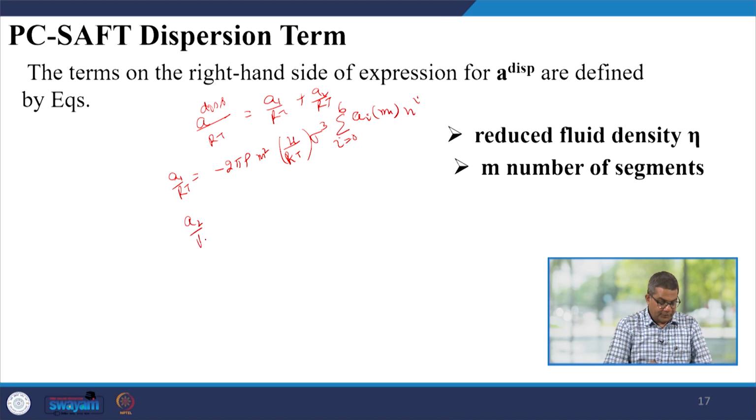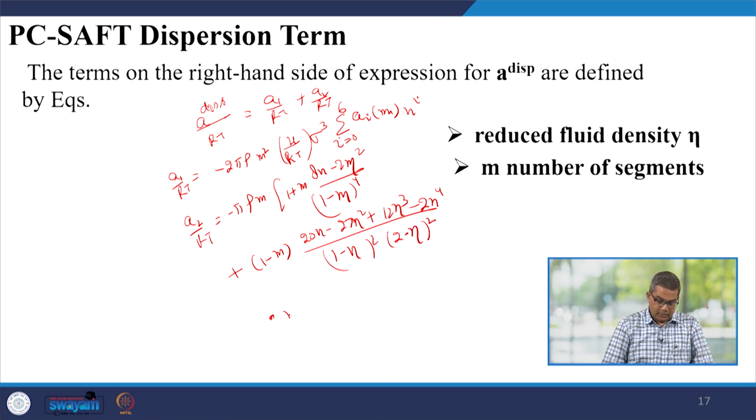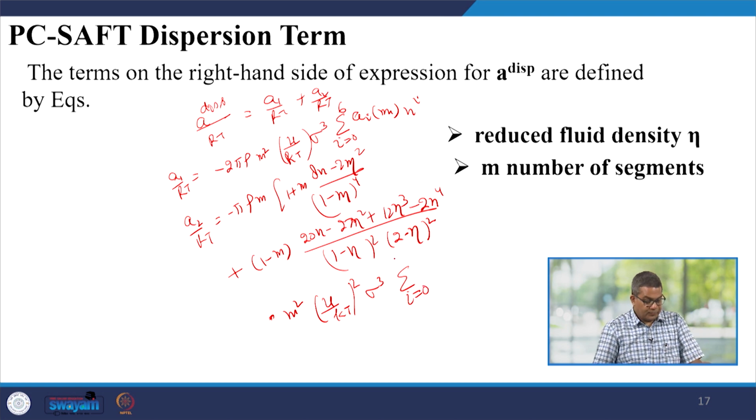Now A2 over RT is equal to minus pi rho m times [1 plus m (8 eta minus 2 eta squared) over (1 minus eta) to the power 4, plus (1 minus m) times (20 eta minus 27 eta squared plus 12 eta cubed minus 2 eta to the power 4) over ((1 minus eta)(2 minus eta)) squared] inverse, times m squared (u over kT) squared sigma cubed I2, where I2 is the summation from i equal to 0 to 6 of bi(m) eta to the i.